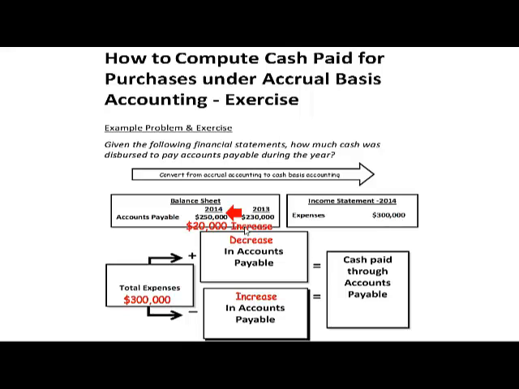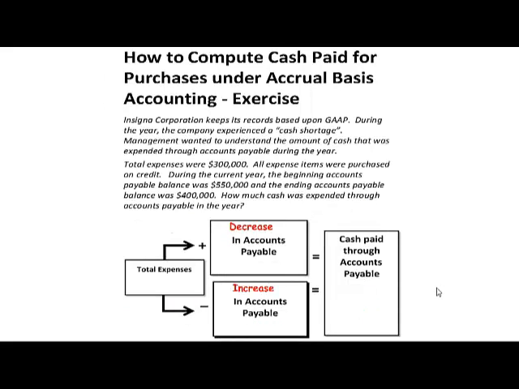And now I know I've had a $20,000 increase in accounts payable, so I insert the $20,000 in the increase box. So my total expenses minus my increase in accounts payable equals cash outflow through accounts payable of $280,000.